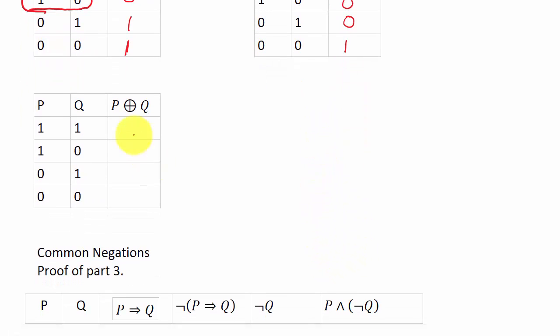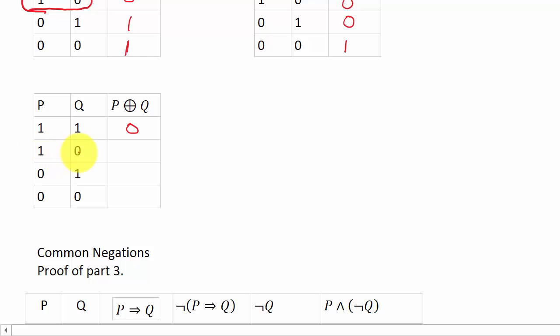Alright, now let's look at exclusive OR. Now remember what exclusive OR said, that in order for this statement to be true, they have opposite truth values. Okay? Alright, so let's look at this. P is true, Q is true. They have the same truth value, so that means it's false. Here, P is true, Q is false.